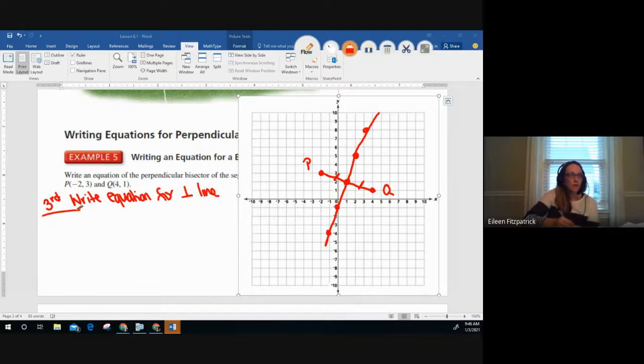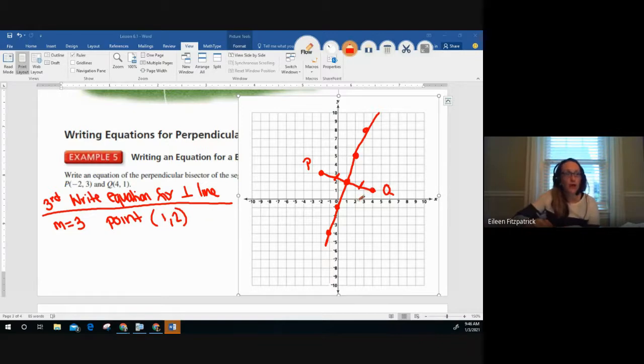Okay, in order to write an equation, if we're going to write it in slope-intercept form, you do need to know the slope, which we know the slope was 3. And you need to know either the y-intercept, which we graphed, so you know what the y-intercept is, or you can use one of the points on the line. So I'm going to use this point, the midpoint. Okay, so the point that I'm going to use was the midpoint, which is 1, 2.